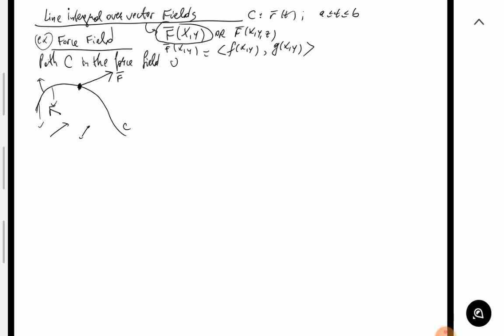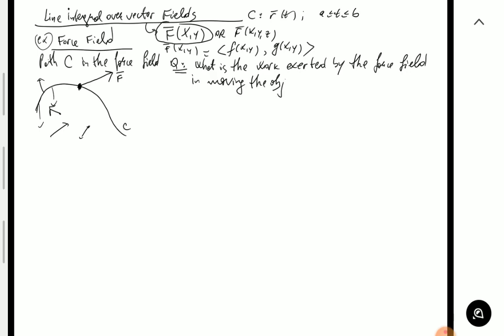One question you can ask in this configuration is, what is the work exerted by the force field in moving the object along this path?